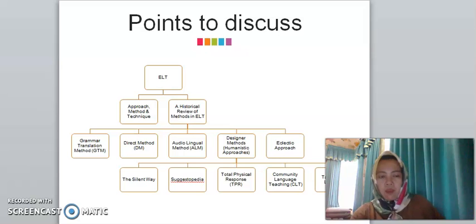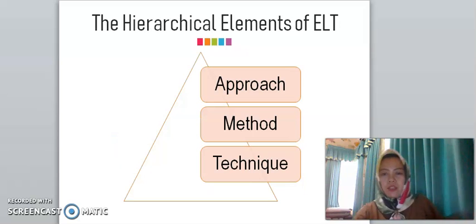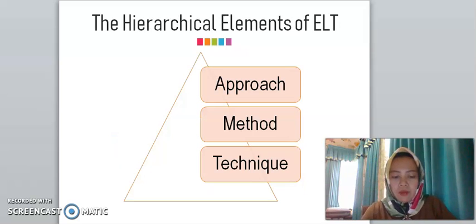Okay, as you have learned in the previous lesson, when you learn about the hierarchical elements of ELT, we have approach, methods, and techniques, right? So what is approach? Approach is a general philosophy of teaching.